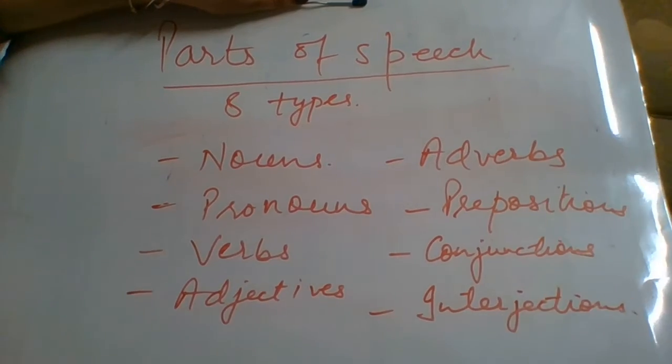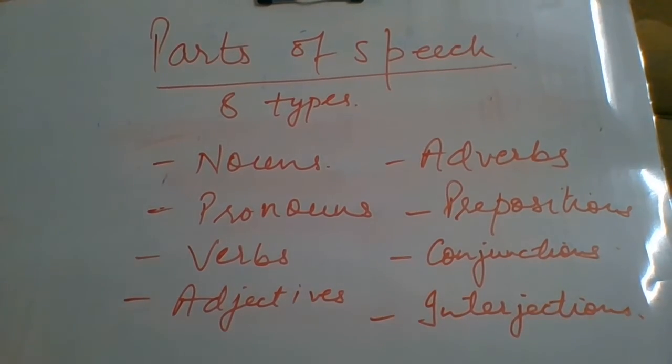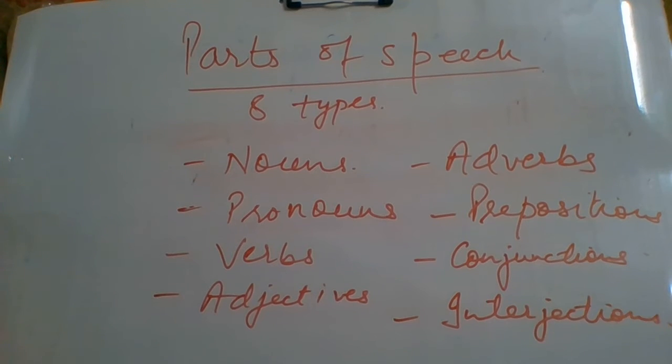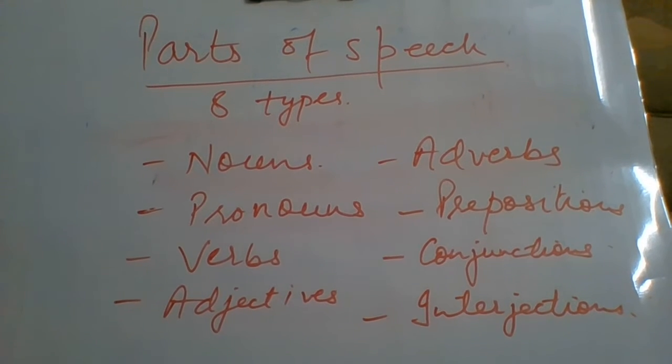By reading these eight, you must have come to know that you must be aware of many of these things, right? Because you have been learning these things from your childhood, and these must be in your syllabus. But do you remember them, or do you remember their definitions?